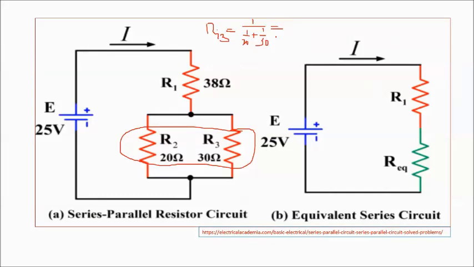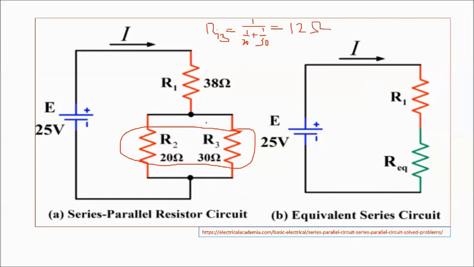So 20 reciprocal plus 30 reciprocal. The answer is 12 ohms.